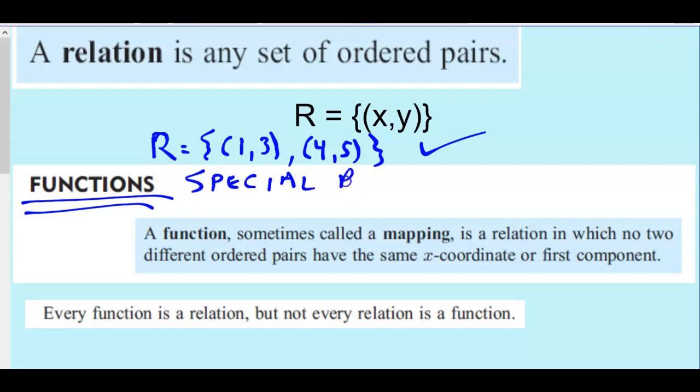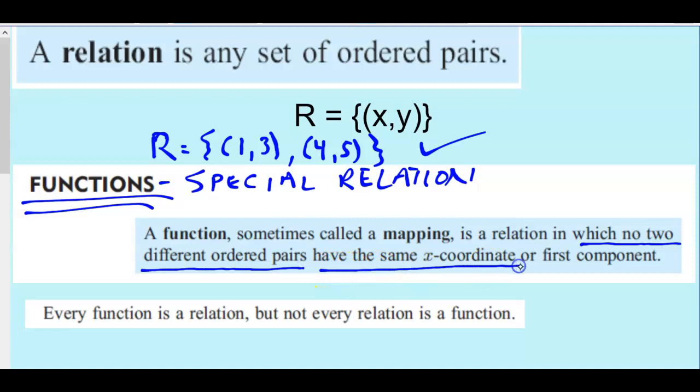So I'm trying to give you kind of an order of generality. A function is nothing more than a special relation. Well, what's a relation? A set of ordered pairs. So now we're dealing with ordered pairs. A function is a special one where no two different ordered pairs have the same x coordinate. In other words, you can't map the number 1 to 5 and also to 6.